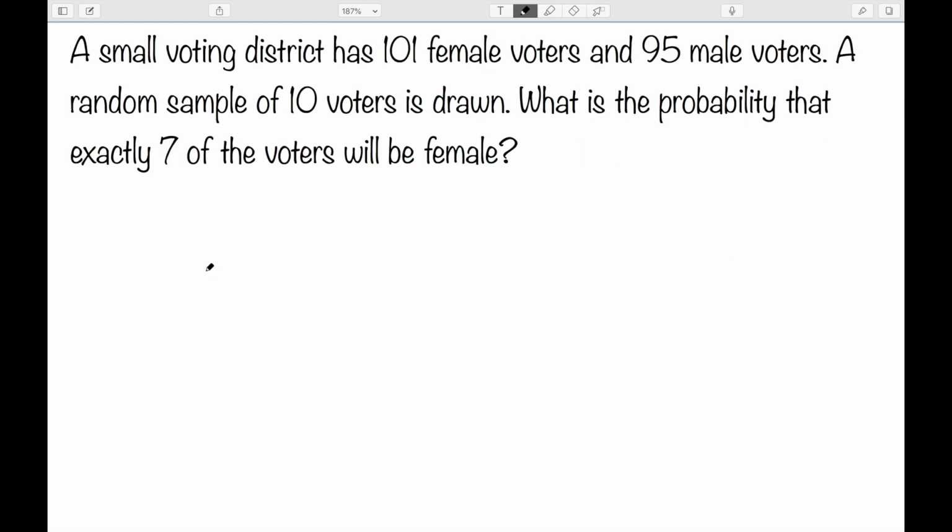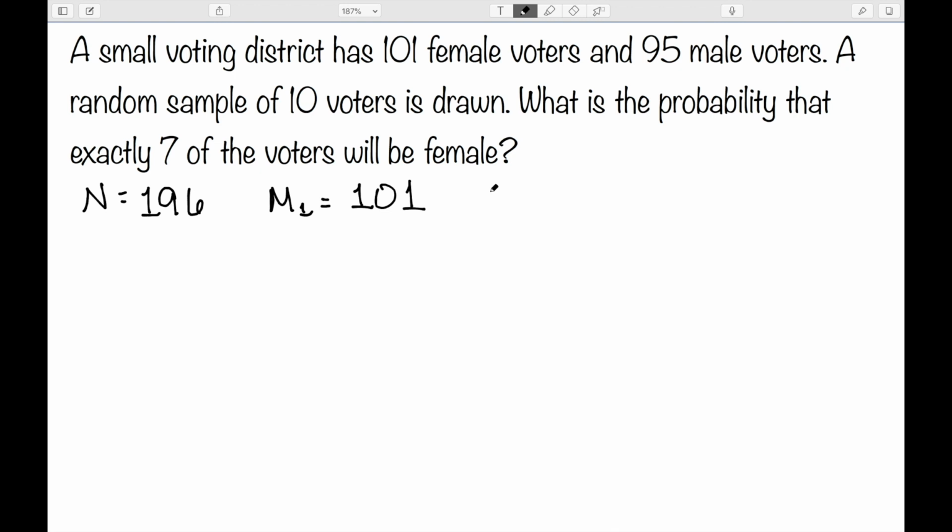Let's suppose a small voting district has 101 female voters and 95 male voters. A random sample of 10 voters is drawn. I want to find the probability that exactly 7 of the voters will be female. In this case, my capital N will be the total number of people I have, 101 plus 95, which is 196. m1, we have 101 female voters.